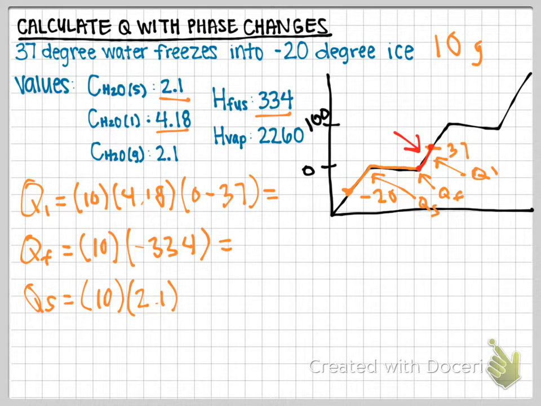And change in temperature of the solid, you are starting at 0 in the solid phase, ending at negative 20. So final minus initial, you're ending at negative 20, so negative 20 is your final, and your initial is 0. Negative 20 minus 0. Alright, so type all these in to get your answers.